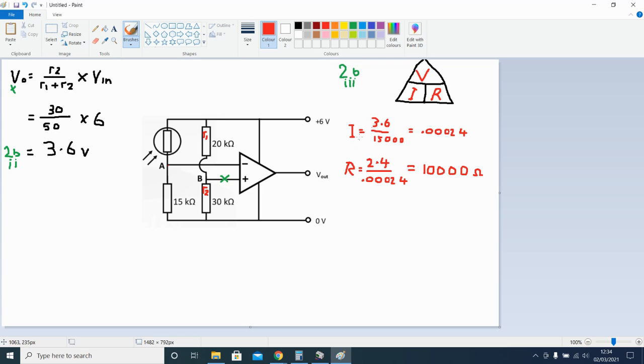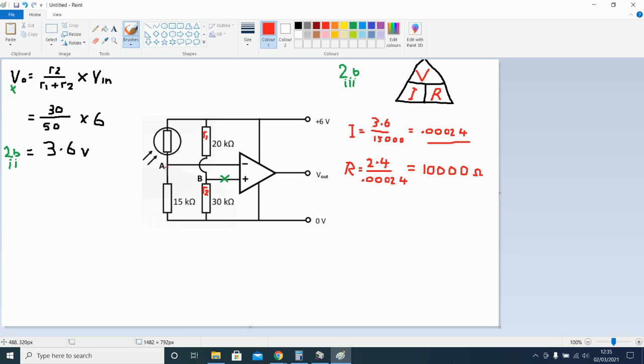So the current across this resistor is I equal to V over R. 3.6 divided by 1500 gives us a current of 0.0024 amps at point A. So we can work out the voltage at A, and we have the current at A.